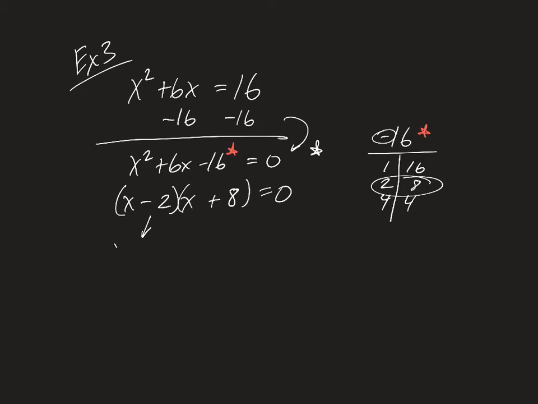So each factor is set equal to 0, and then you solve from there. My solutions to this problem are 2 and -8. Okay, so we'll go to the next one.